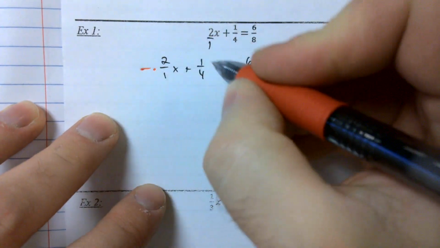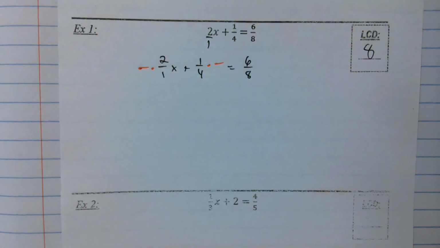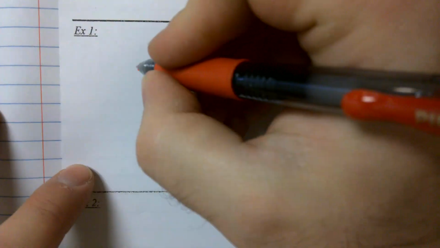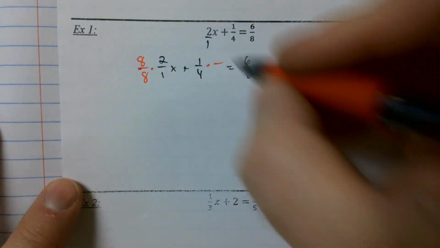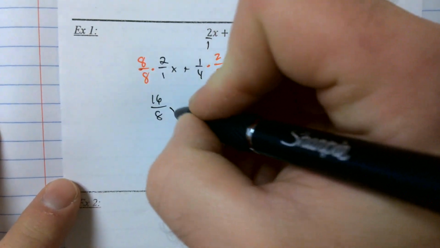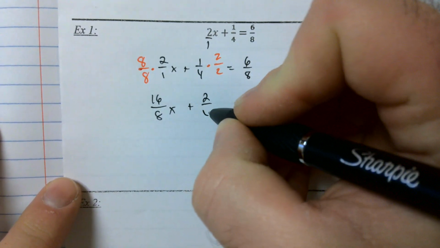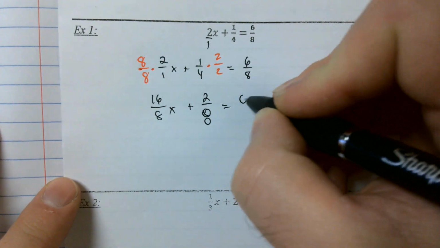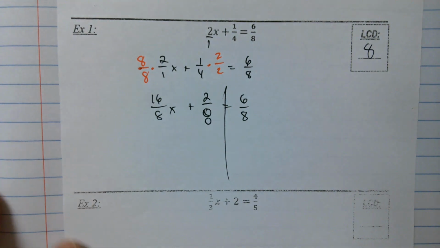What can I multiply 2 over 1 by that's going to give me an 8 on the bottom? 8 over 8. What about 1/4? 2 over 2. So now I've got 16/8 x plus 2 over 8 equals 6 over 8.